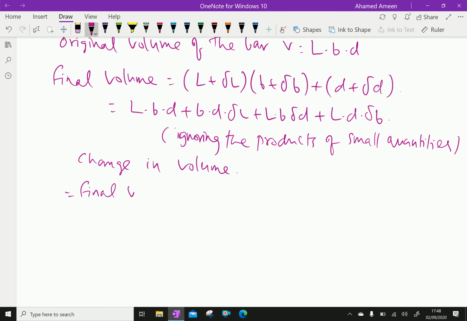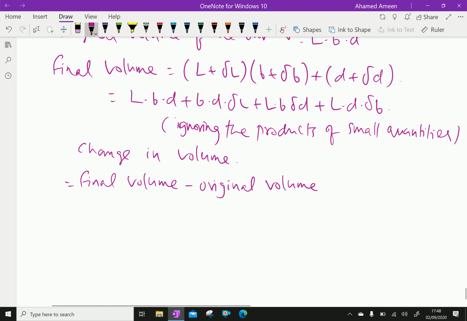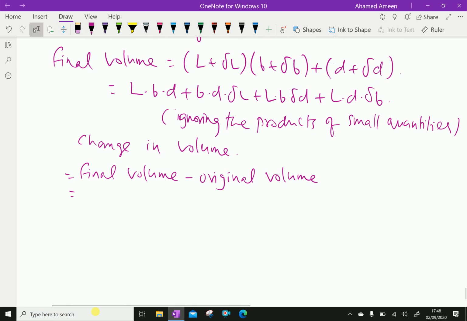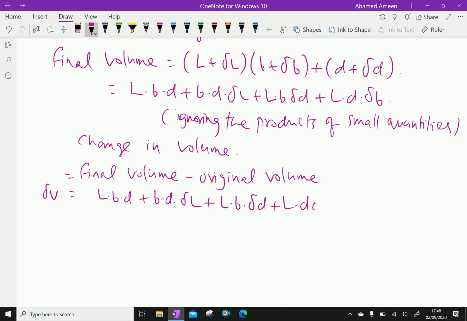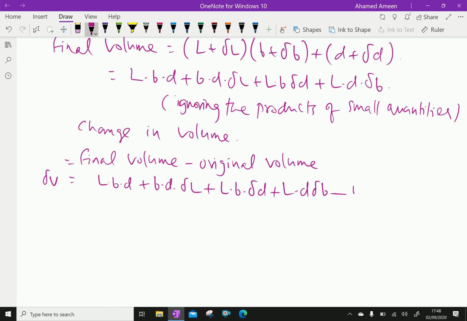Change in volume delta V equals L B D plus B D delta L plus L B delta D plus L D delta B, minus L B D, the original volume.